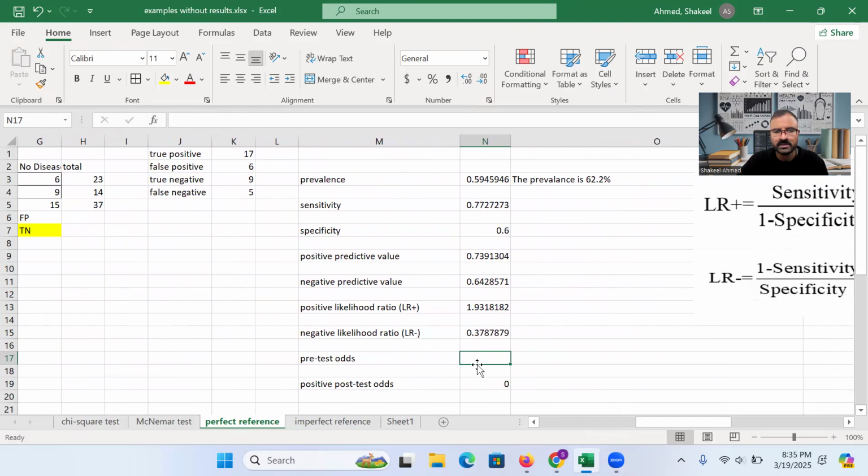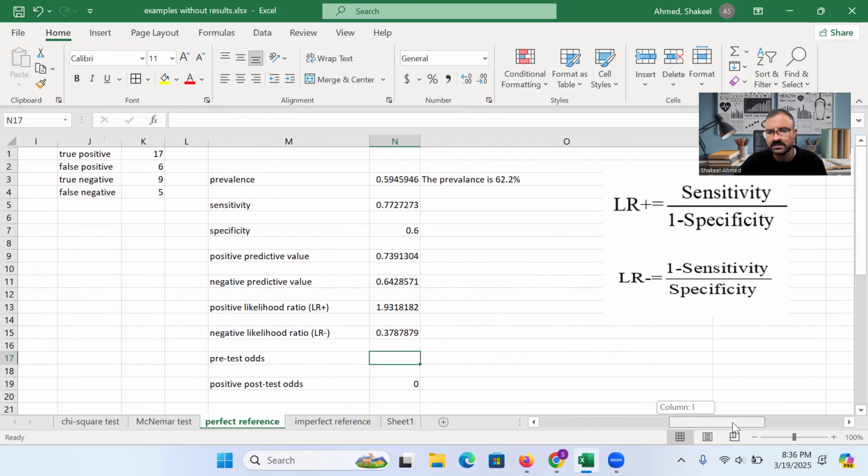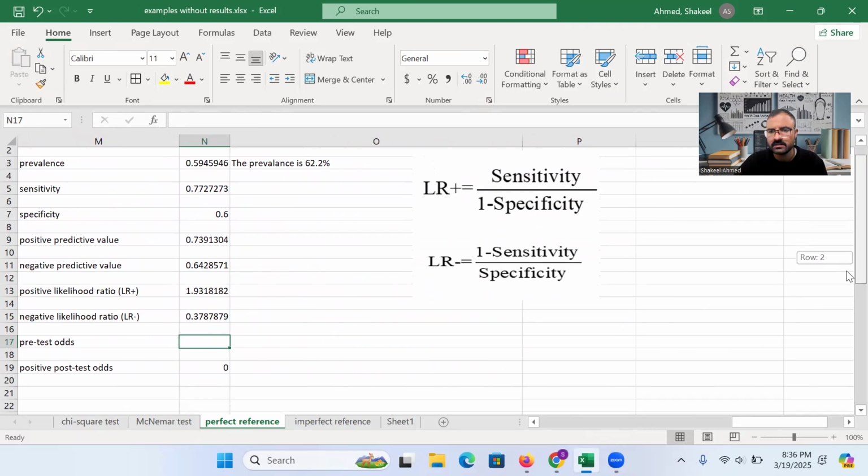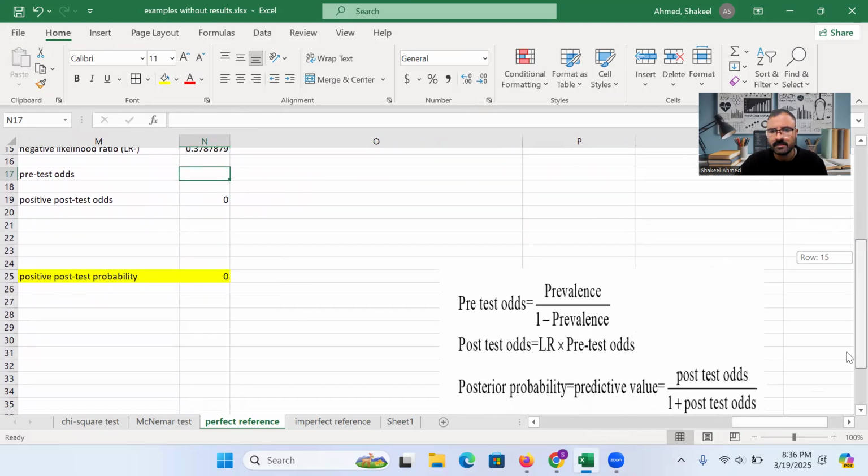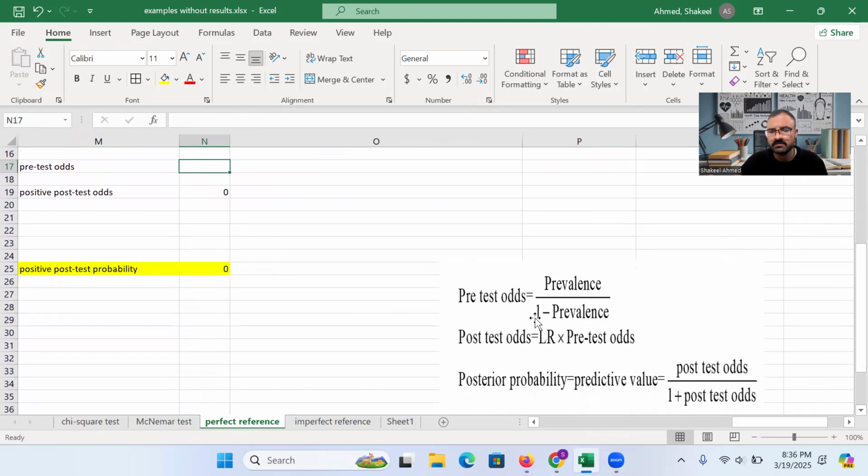And the pre-test odds, we need to find the pre-test odds. That is the prevalence divided by 1 minus prevalence. This is called the odds of having a disease before performing the test. That is called the pre-test odds.